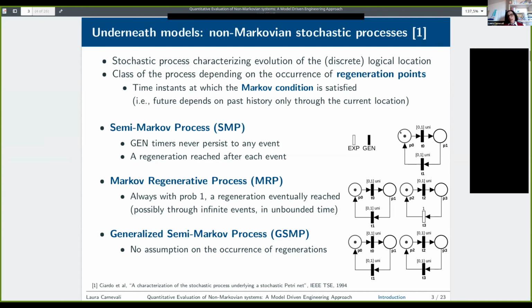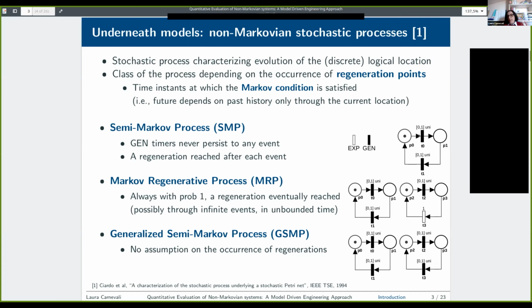Here tokens within circular places represent the logical location of the system, while transitions, which are depicted as bars, represent events of the system. So in this case here, we have that a token in place P0 enables this event T0, which occurs after a time that follows a uniform distribution between 0 and 1.